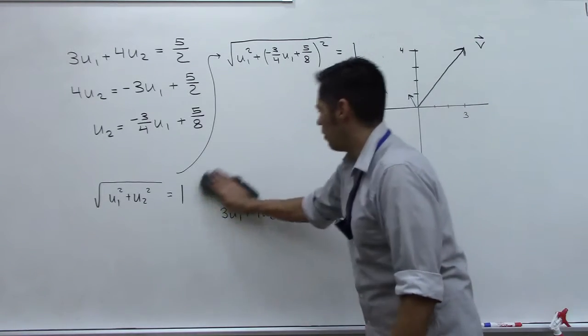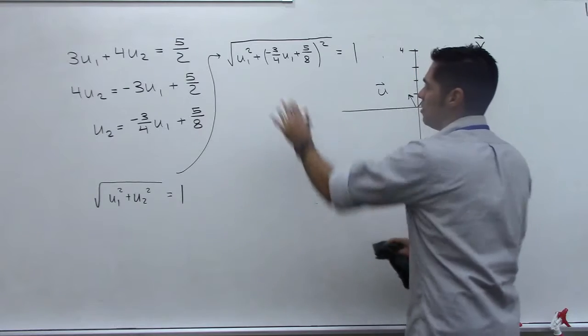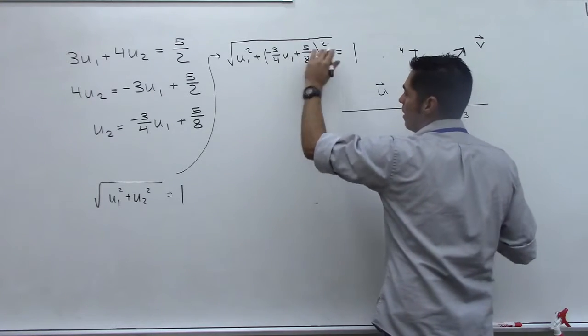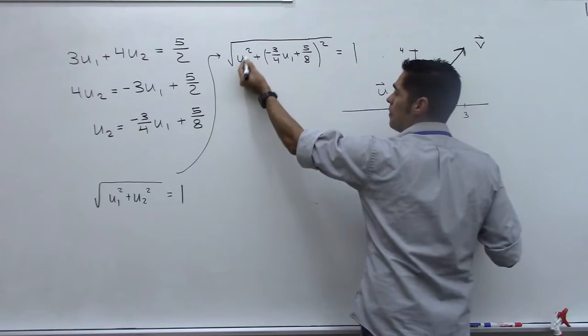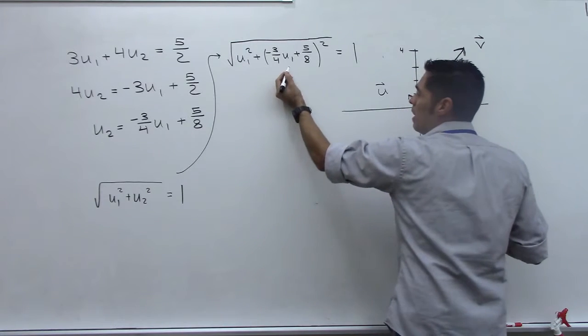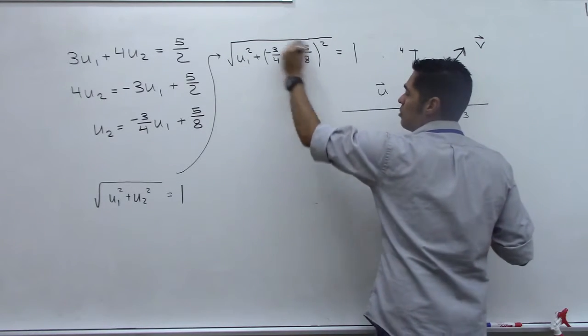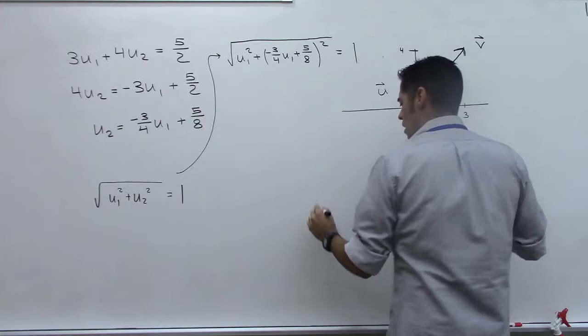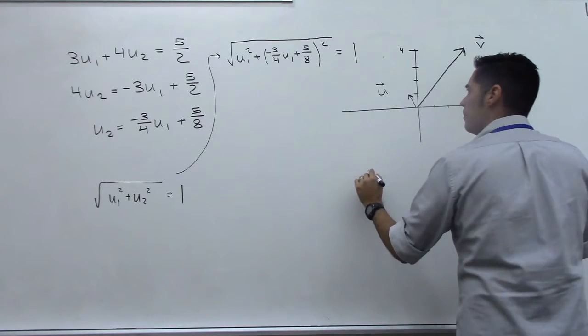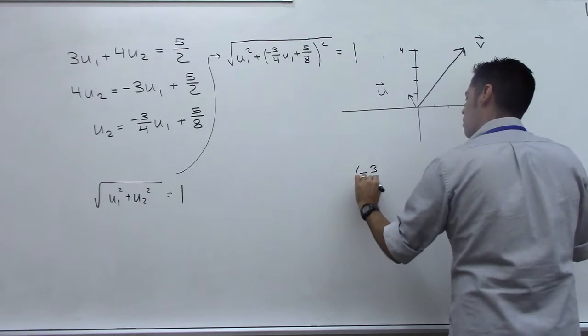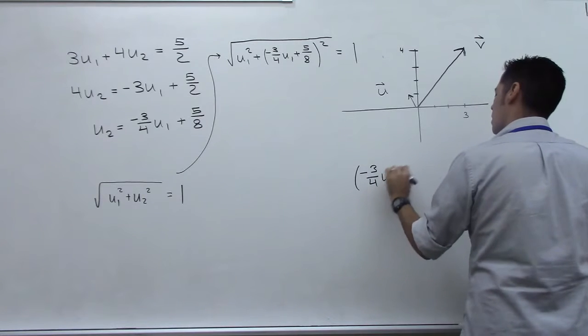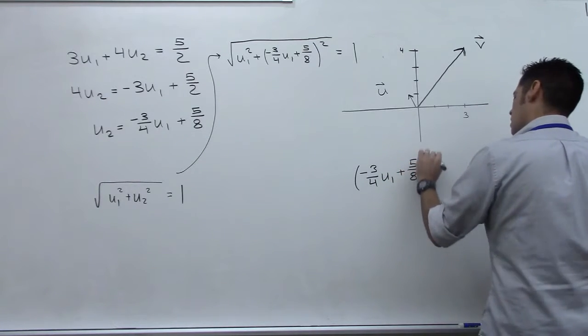I'm going to continue to work that problem right here. It's a radical equation, but it has u1 squared, and I'm going to wind up squaring. I need to actually expand that out, so let me do that over here. What's negative 3/4 u1 plus 5/8 times itself?